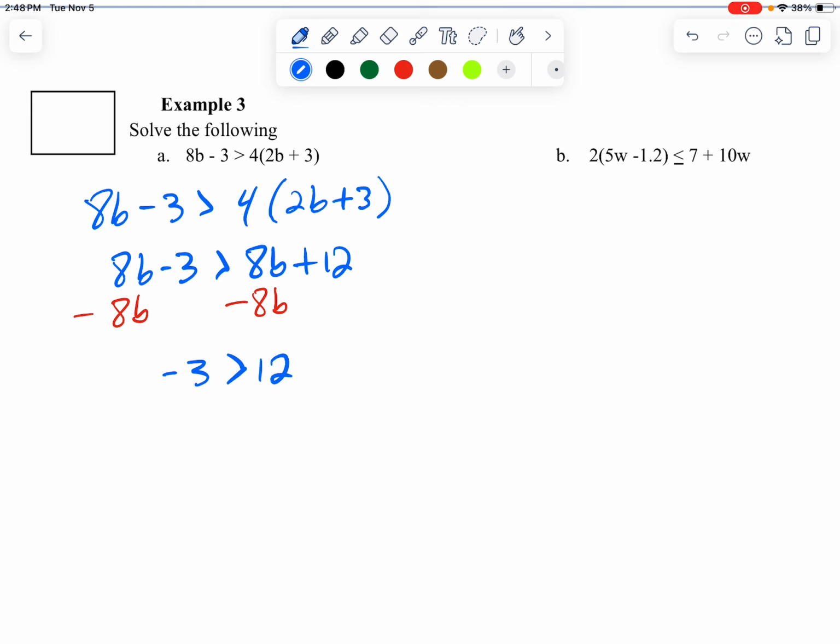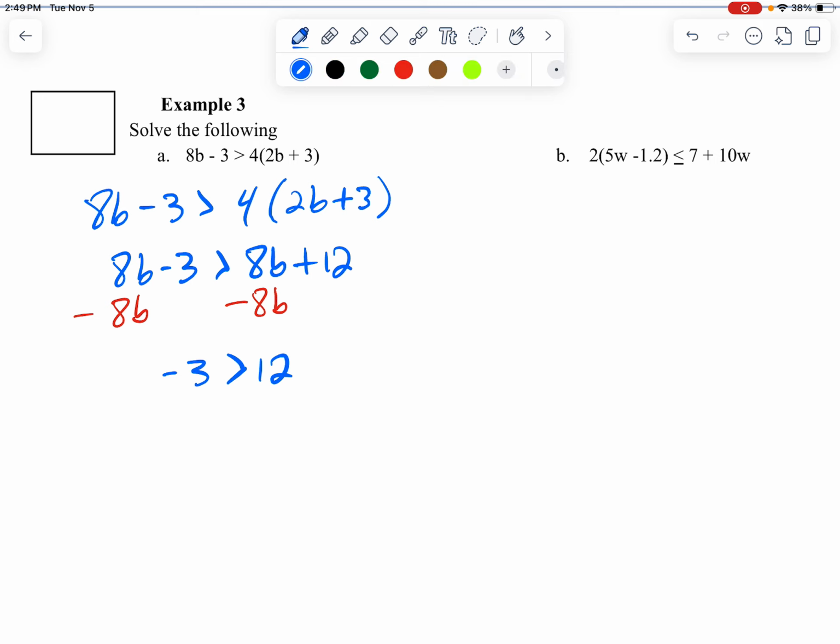So just like when we had an equation, when the variables go away, we have to look at this and ask ourselves, is this true or is it not true? Is negative 3 greater than 12? No, it's not. So that means that this is false, and therefore there are no solutions.